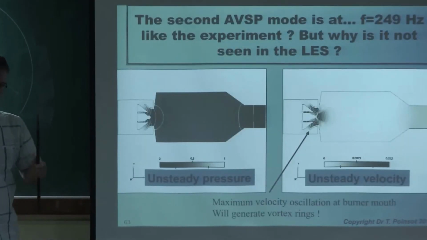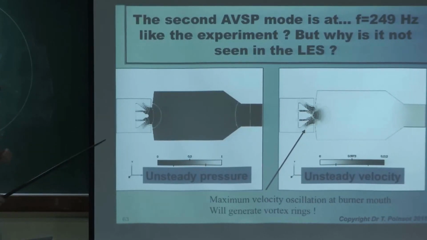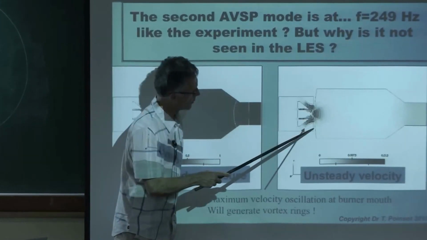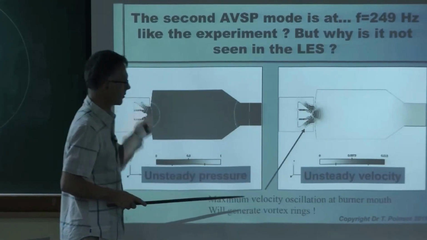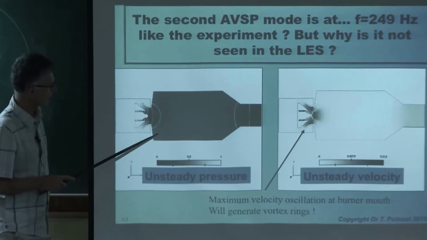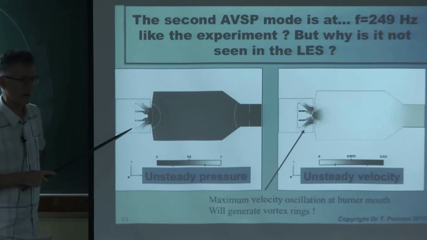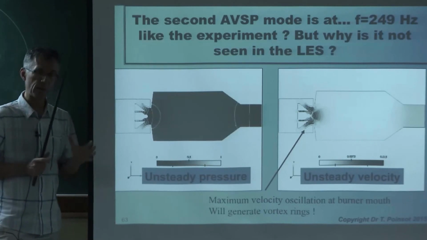And then again, you go back to the students and you ask them, well, why is it so? Well, it's interesting that when we did AVSP, we included the plenum in the system. And when you look at the mode, you see that this is unsteady pressure. The unsteady pressure is maximum in the plenum. So the 250 hertz mode is really a mode where the plenum is playing a big role.